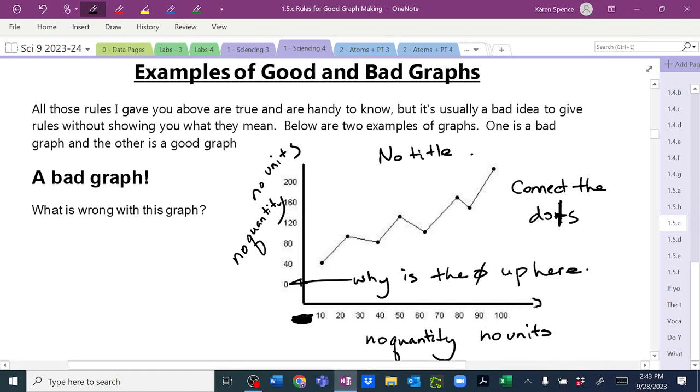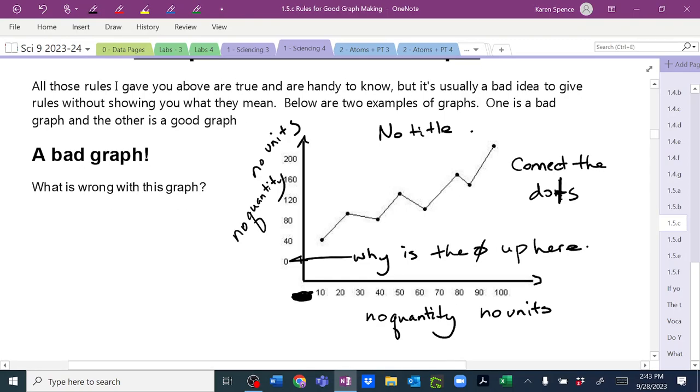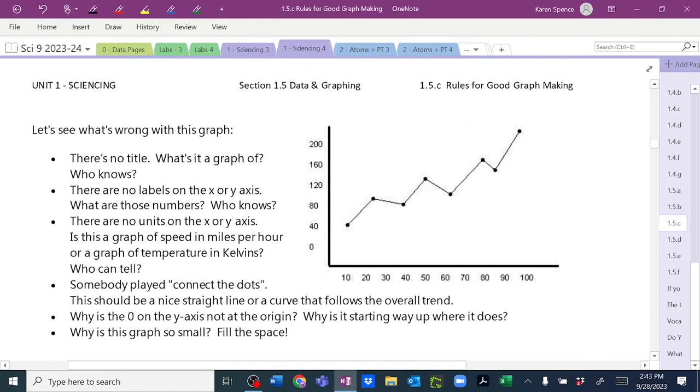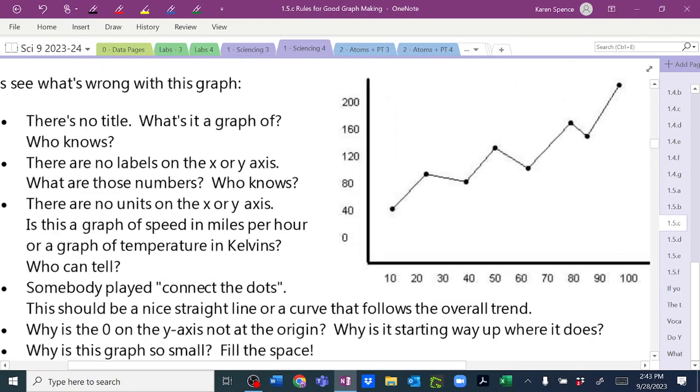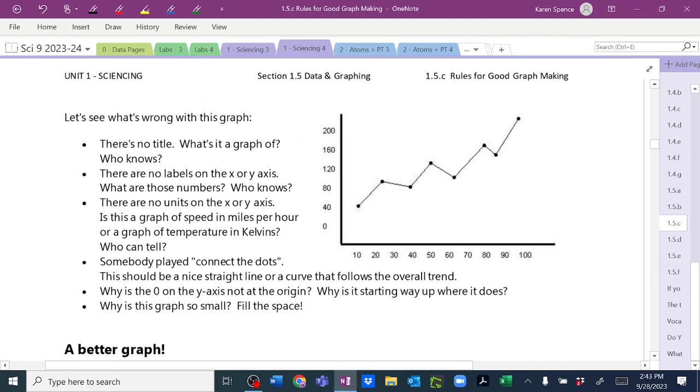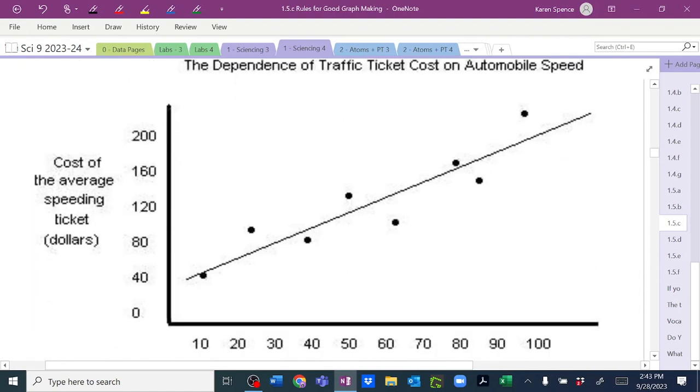It's not absolutely necessary for you to label them as X and Y in science. I know in math you have to do that, but in science you don't necessarily have to. Okay? So we've hit on all of these things that are kind of bad. Now, let's look at the fixed version.